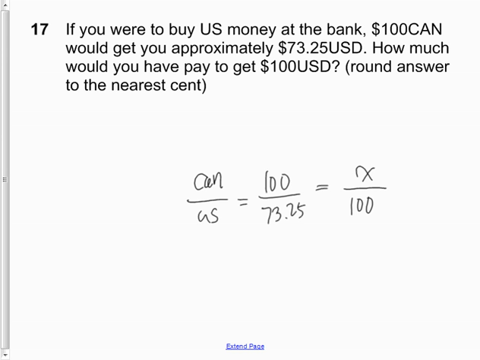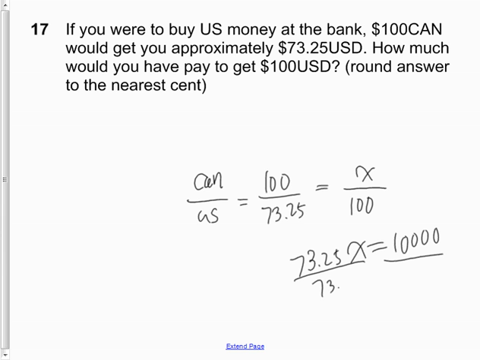If I set it up using proportional reasoning, $100 Canadian to 73.25 U.S. is proportional to, I don't know how much Canadian dollars, to $100. My equation will be 73.25x equals 10,000.